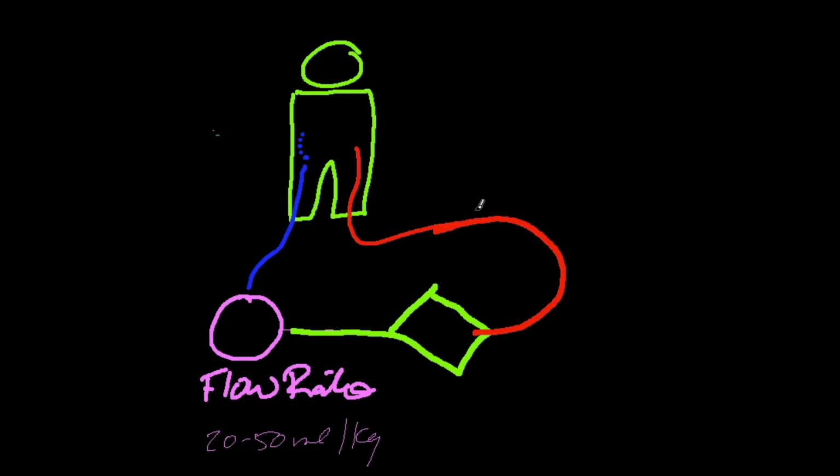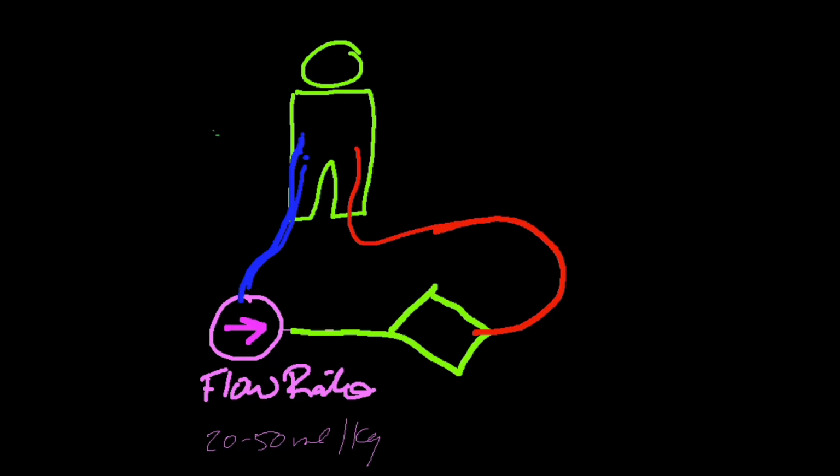And so, things that you have control over are the flow rate to a certain degree. I mean, you have your hands on a knob that you can control it, but really that's going to be dictated by venous return, just as cardiac output in the normal body is dictated by how much can get back to the heart.